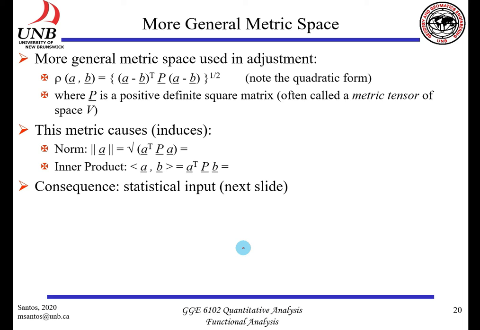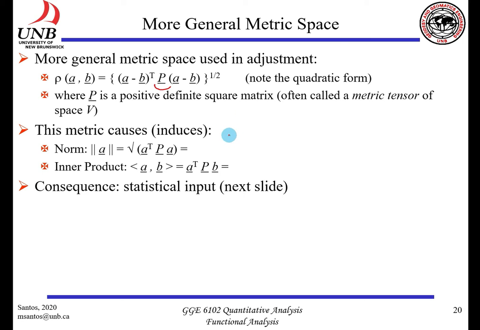We can define a more general metric space, which is essentially the space that we use in the adjustment. When we define the quadratic form, we add a matrix P, which is a positive definite square matrix that can be called the metric tensor of the linear space V. This is basically the weight matrix that we use.